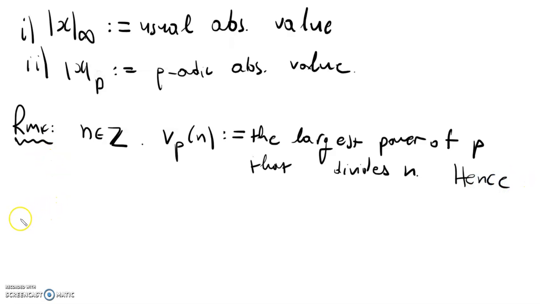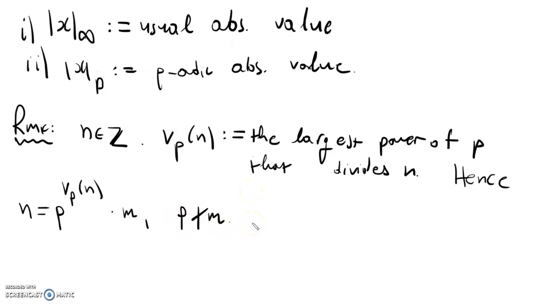Hence, if n is an arbitrary integer, we can always write n as p to the power of Vp of n times m, where p does not divide m.